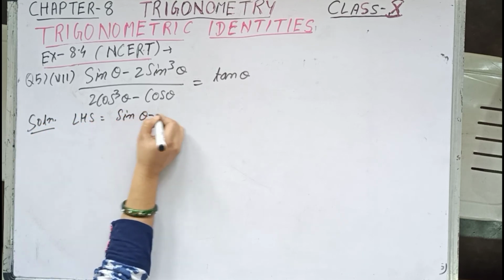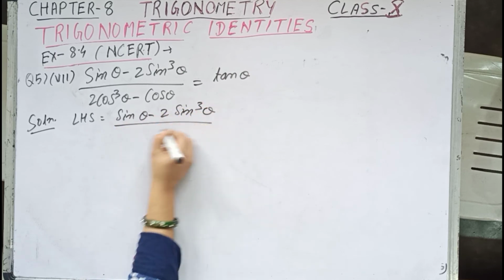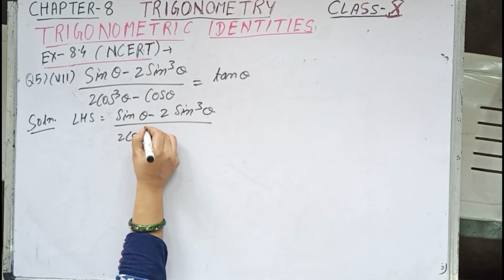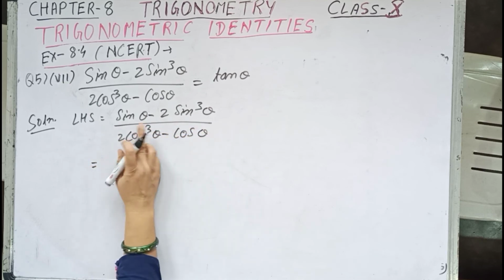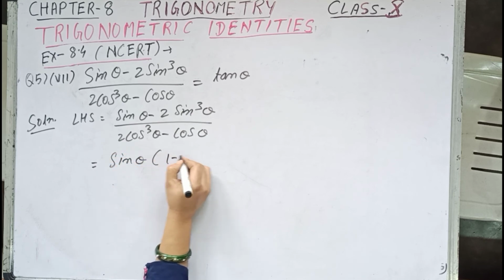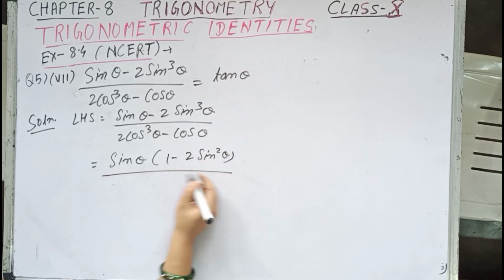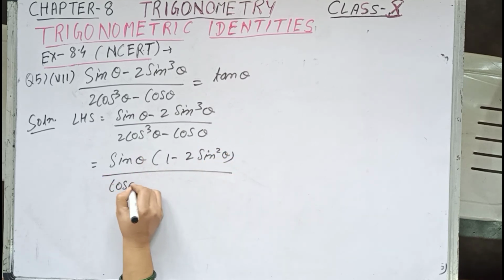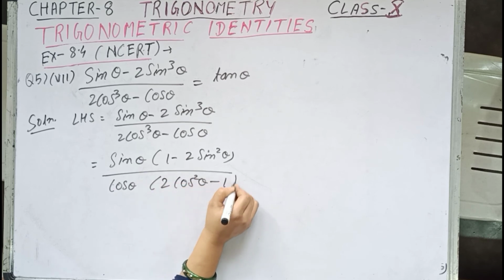LHS is (sin theta minus 2 sin cube theta) by (2 cos cube theta minus cos theta). Now in this, what is common? Sin theta in numerator. What is left? 1 minus 2 sin square theta. In denominator, cos theta is common. So cos theta, what is left? 2 cos square theta minus 1.